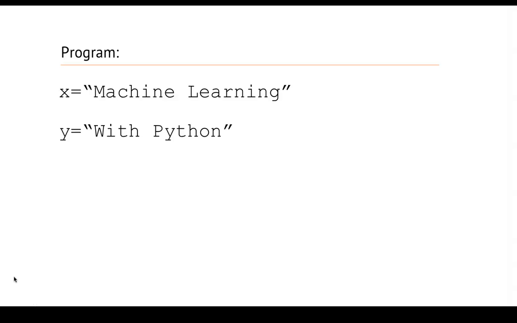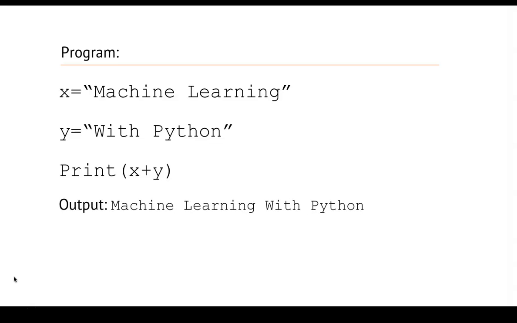When we perform the plus operation on these two variables and print it, something like this, print x plus y, you will get the output as machine learning with Python. Means addition of machine learning and with Python.